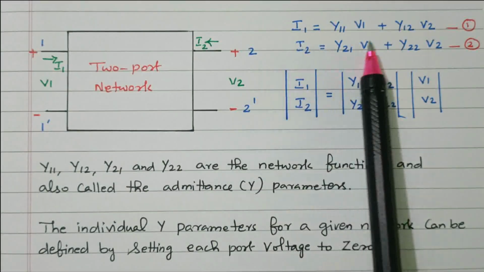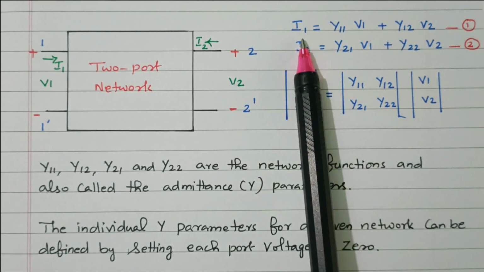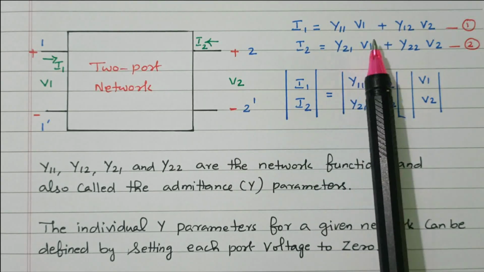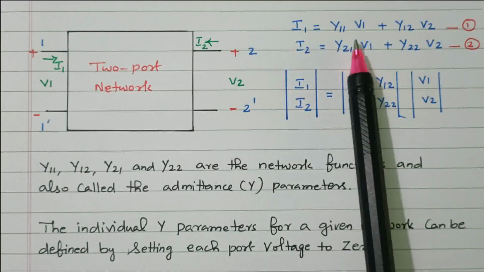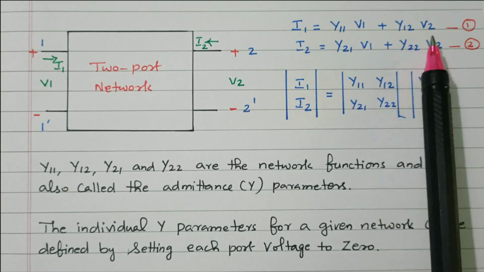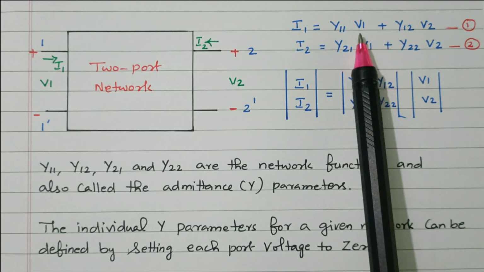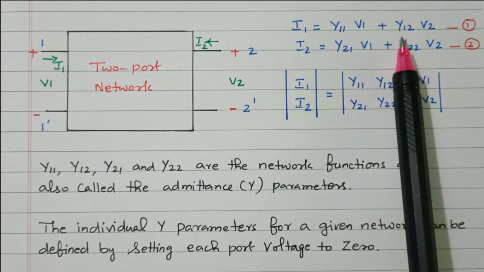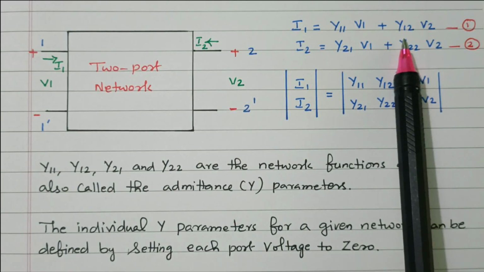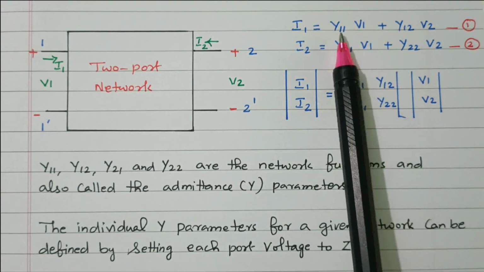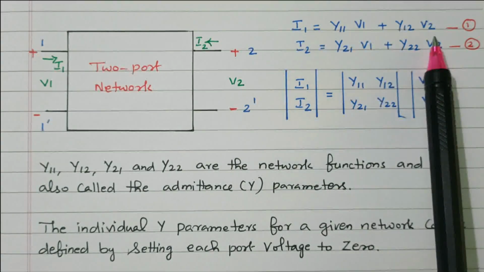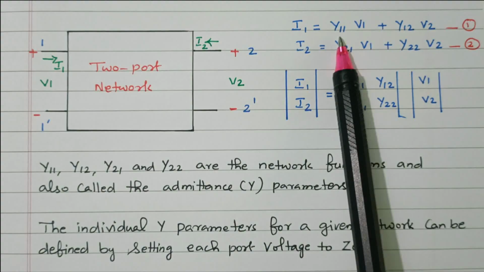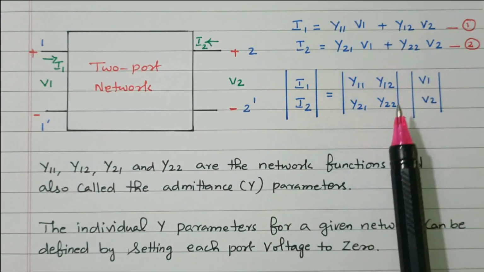So the generalized equations are available. I1 equals Y11 V1 plus Y12 into V2. So I1 is expressed in terms of V1 and V2 with admittance parameters Y11 and Y12. We'll see what the admittance parameter expressions are later.